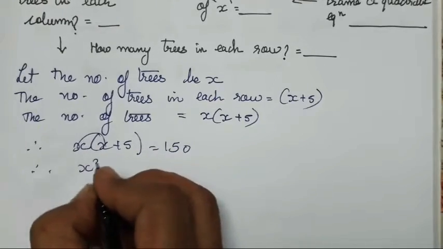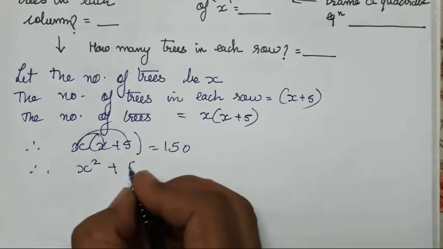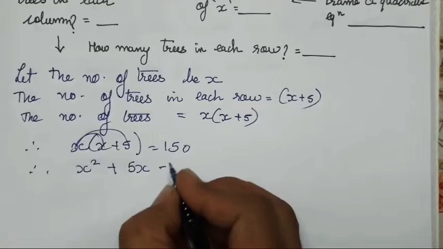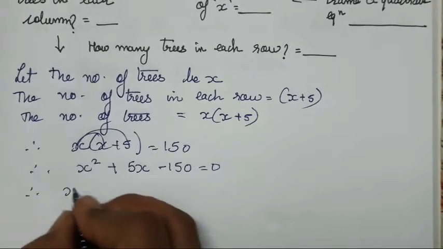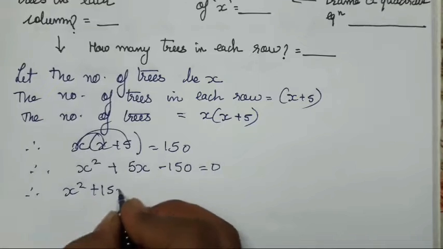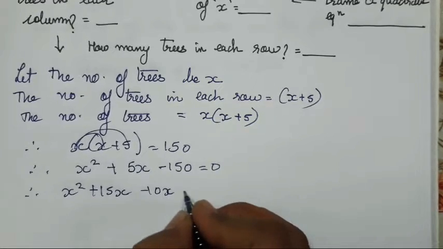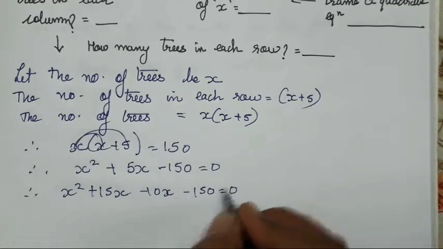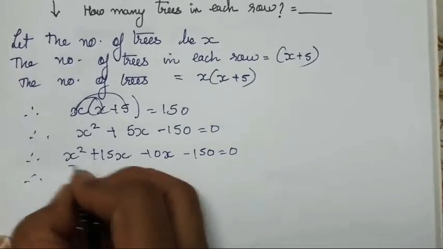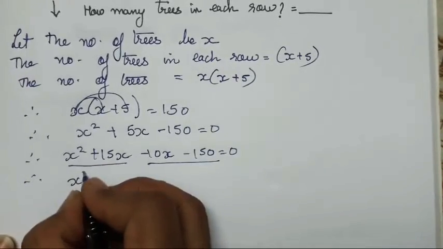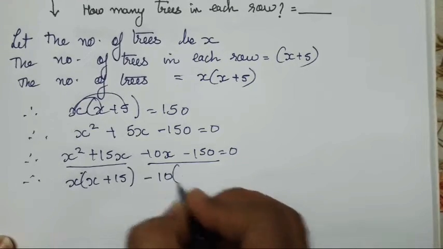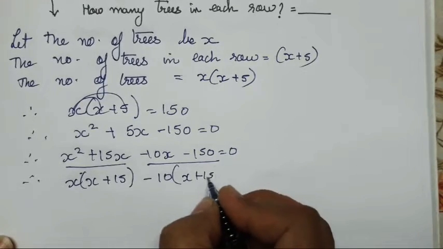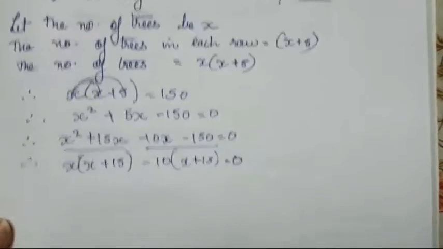Multiply it, this will be x square plus 5x. This I will change to the left hand side, so it will change to minus 150. Now x square plus 15x minus 10x minus 150. Splitting the middle term step I have done over here. Therefore make the groups: x plus 15 and minus 10, x plus 15 is equal to 0.